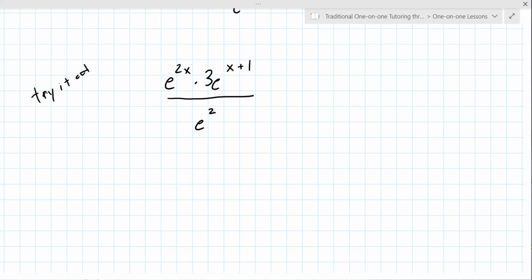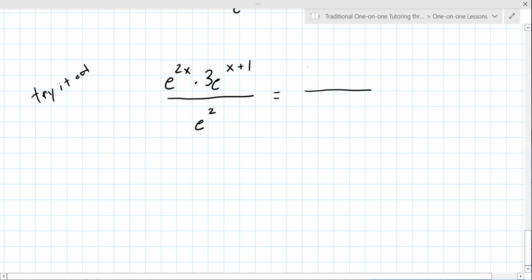So so far I have 3e to the 3x plus 1. Very good. And then over e squared. And then you subtract 1 from 2. So what's best to do is just write it and not try to evaluate it in the same step.